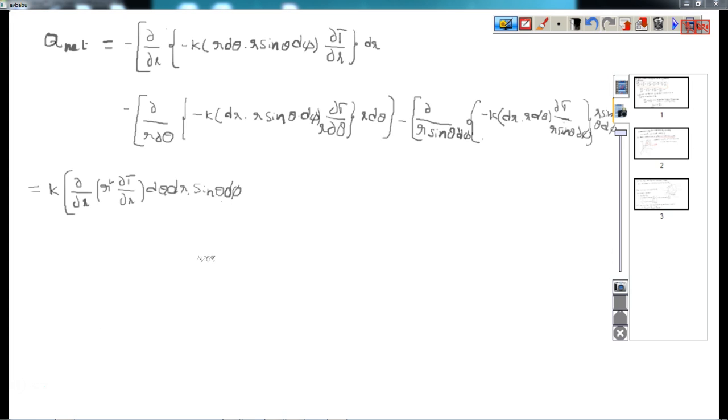Plus, next I'll take this one: dou by r dou theta into, see here, I'll put sin theta inside, sin theta, and again dou t by r dou theta inside.